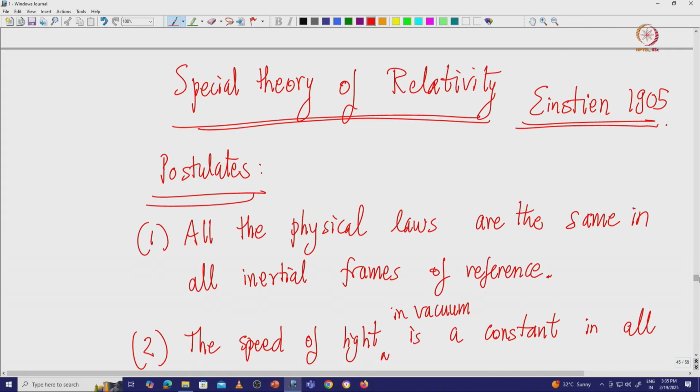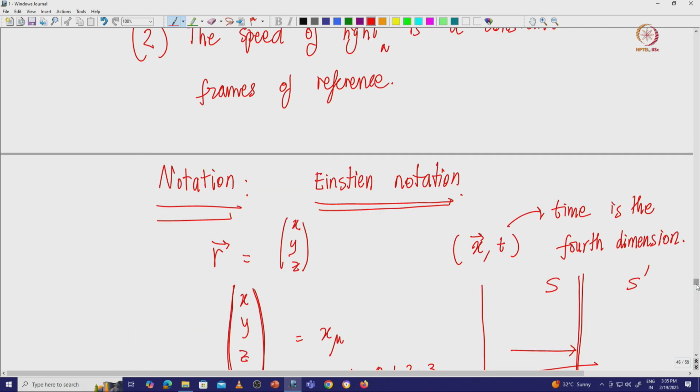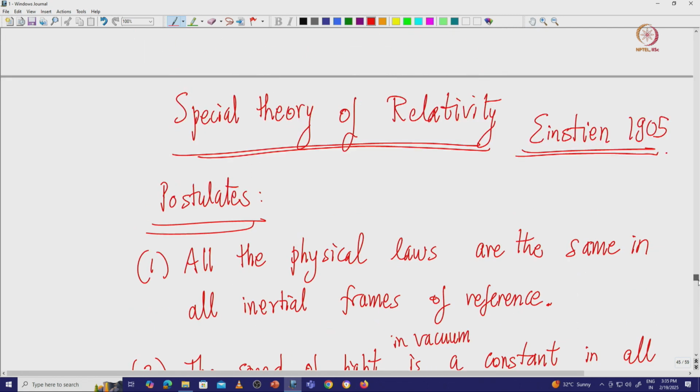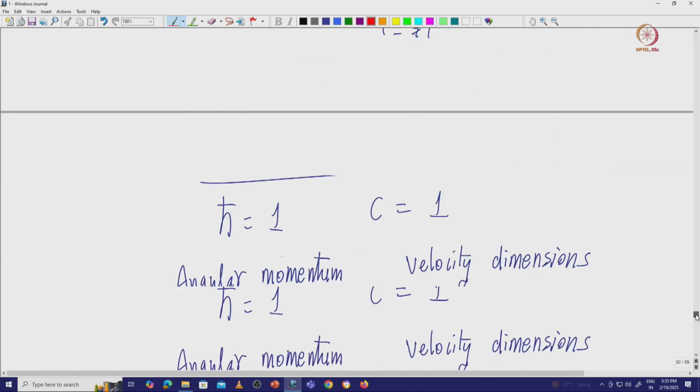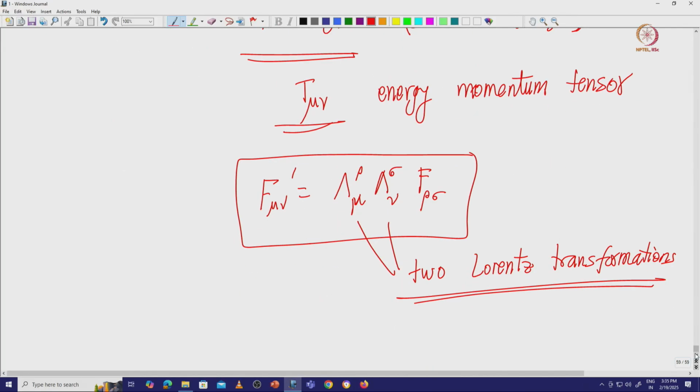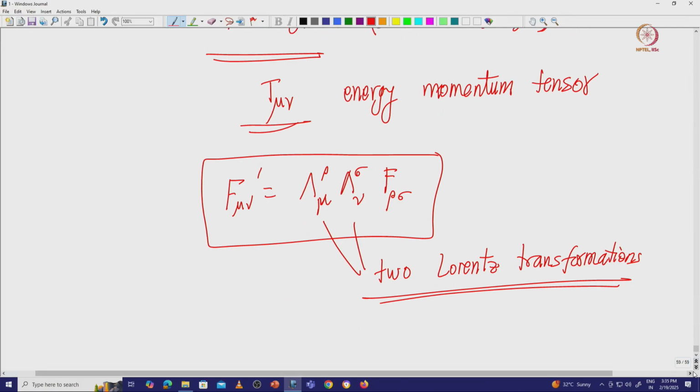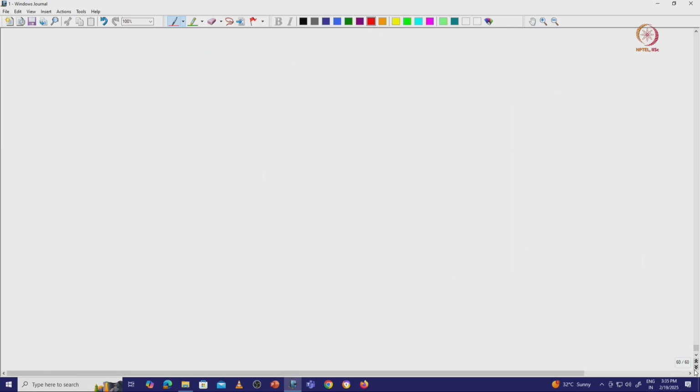One thing is that the speed of light is constant in all frames of reference, and so we set it to 1. The second is that all the physical laws are the same in all inertial frames of reference.